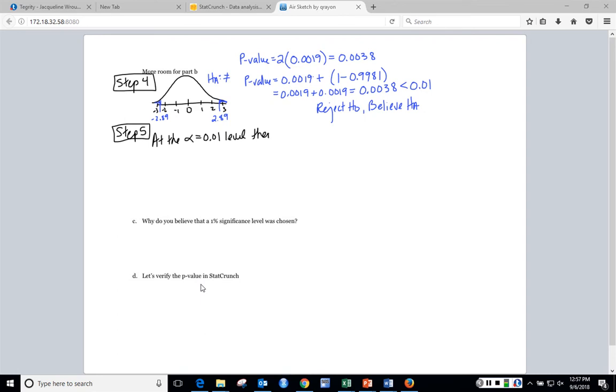Since we rejected the null hypothesis, there is statistically significant evidence to support that. Now this is where our goal is important. So we do believe that the vaccination rate has changed.